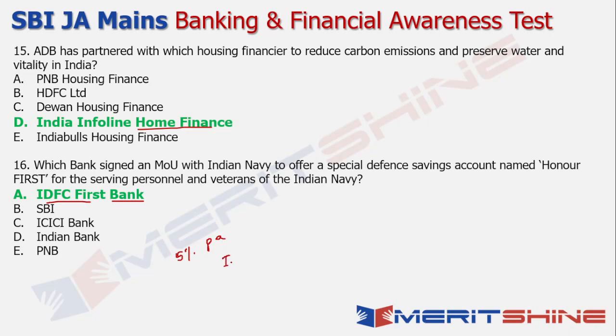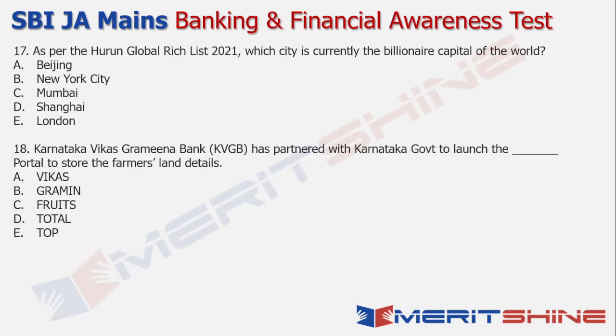It also has additional insurance coverage, wherein you have a 40 lakh insurance coverage for personal accident, with another 4 lakhs for your child education grant and another 2 lakhs for your girl child marriage. And if you are involved in any kind of an air accident, then you're again covered up to 1 crore. So again, a holistic offering by IDFC First Bank towards the defense personnel in the country, titled Honor First.